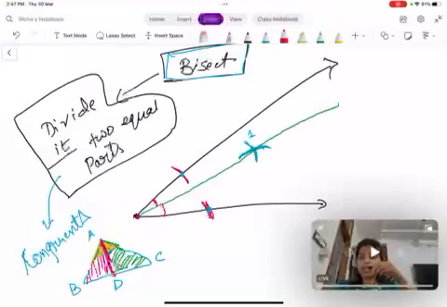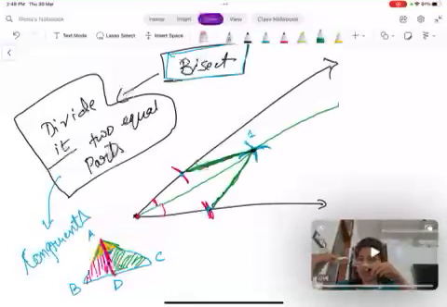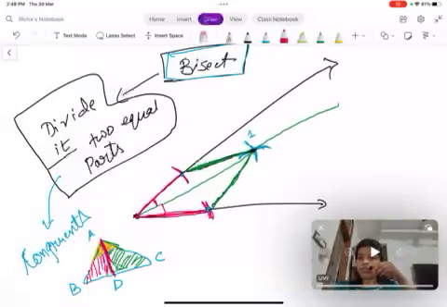How? Let's see. Let's join this and join this. So what I can see is these two are equal. This black line, let's make it green. This green line and this green line are equal because we didn't change our arc length. And also this red line and this red line are equal because here also we didn't change our arc length, and one side is common.